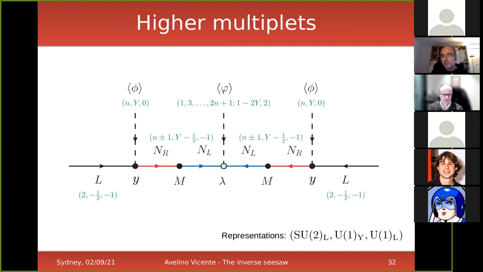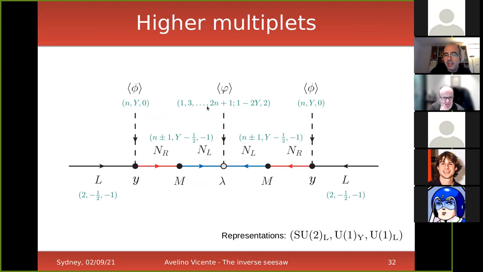The first thing that is very simple to understand is that you can use higher multiplets. And I'm just using the standard diagram for the inverse seesaw with some possible fields running inside the fermion lines or in the scalar lines which are external. This phi here could be the standard model Higgs or could be different, and therefore its quantum numbers can be in principle different from the standard model Higgs quantum numbers.